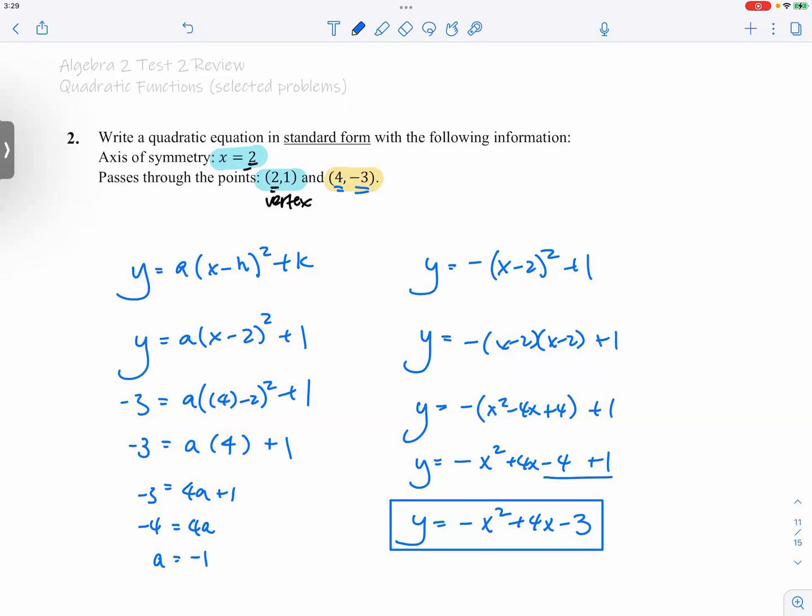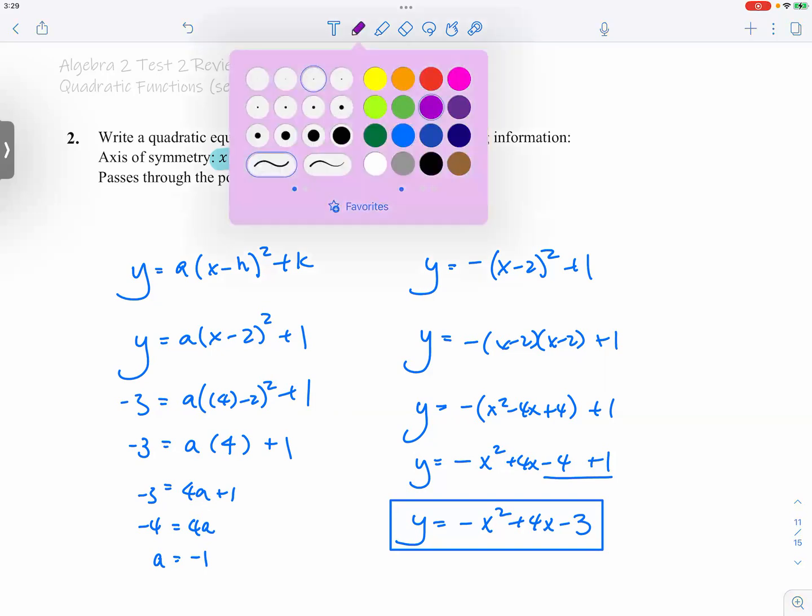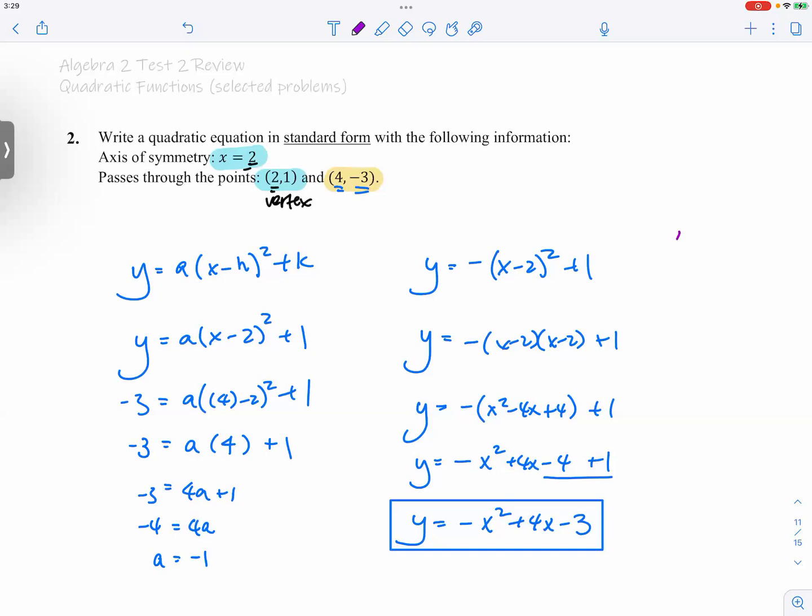If we had roots, then we would probably start from the root form, but there are no roots at all. We have the vertex, so it makes the most sense to start from the vertex form. That's pretty much it on how we start from the given information and write the vertex form right here. This is the vertex form, and this is the standard form.